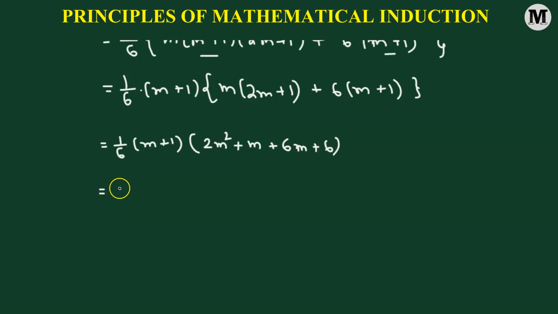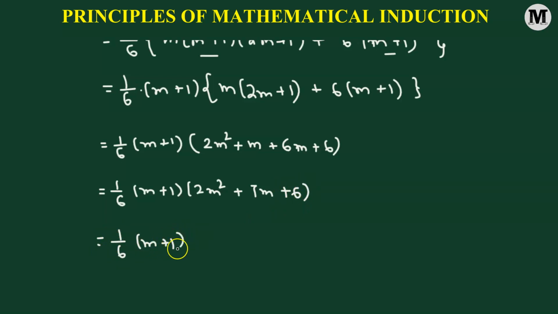So this is equal to 1 over 6 multiplied by (m+1) multiplied by (2m squared plus 7m plus 6). Now 2m squared plus 7m plus 6, we can factorize it.